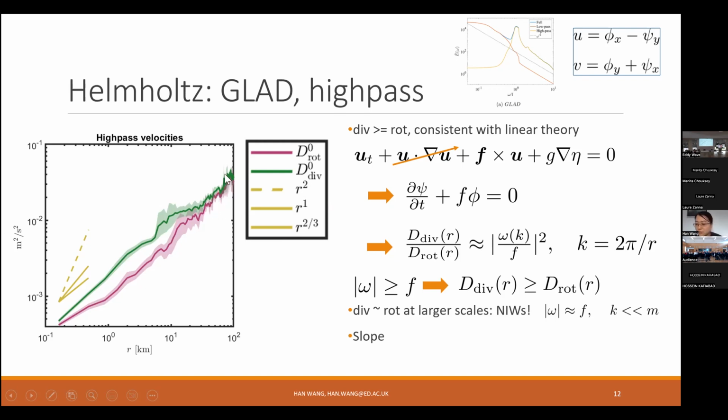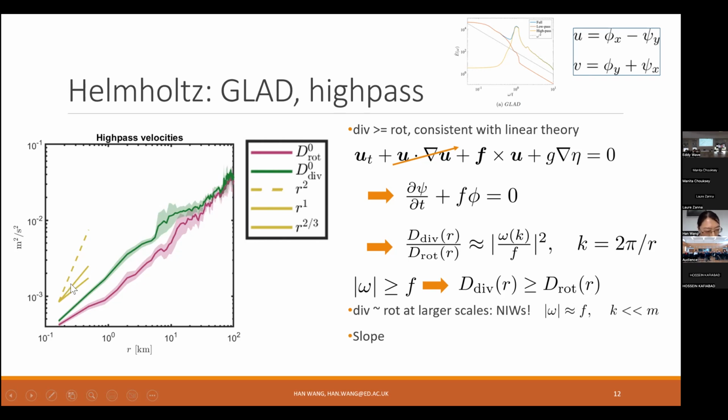That's also consistent with linear theory because at large horizontal scales, if you recall the dispersion relationship, the intrinsic frequency is going to be very close to f. Therefore, at the largest scales, which in this data set is almost mesoscale, we should expect indeed that the two structure functions are going to be close to each other.